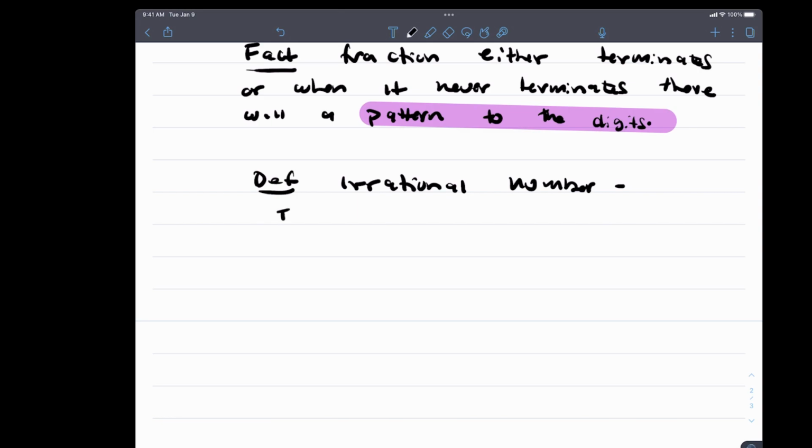These are numbers whose decimal representation never terminates.